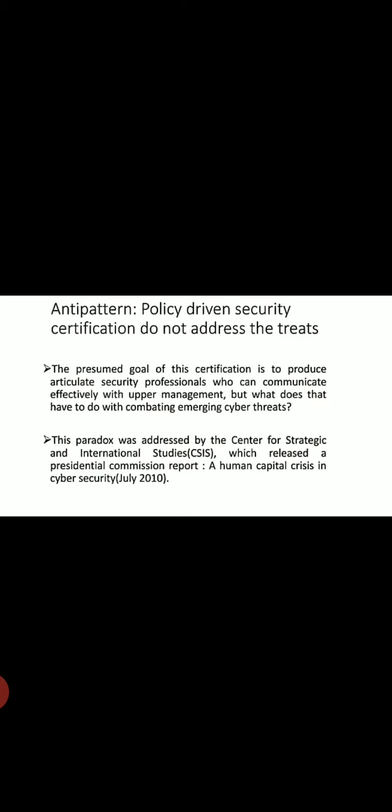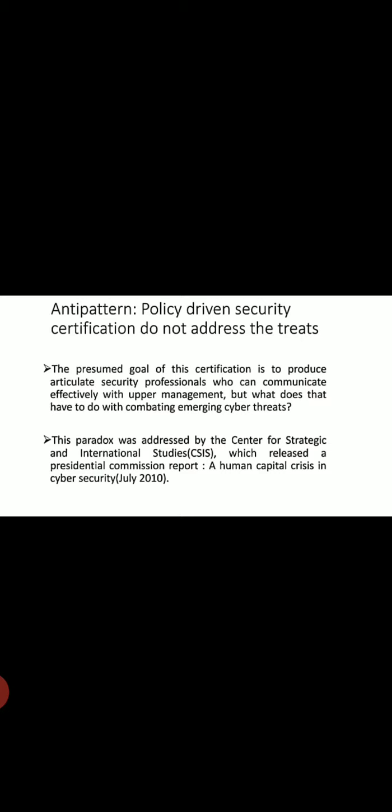I'll repeat. The goal of policy-driven security certification is to produce security professionals who can communicate effectively with their upper management.